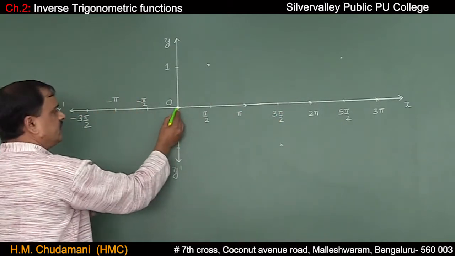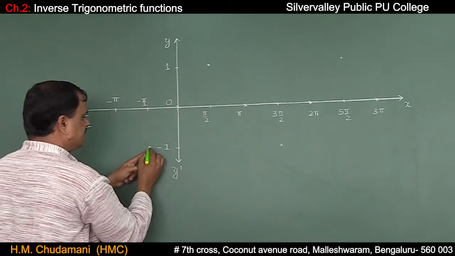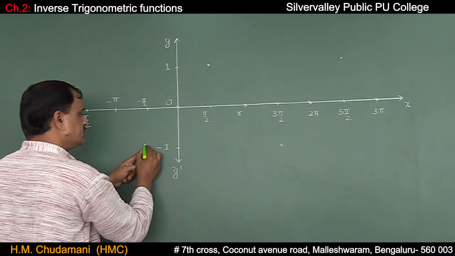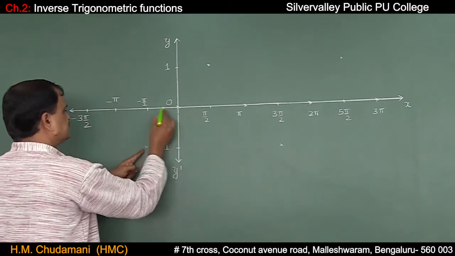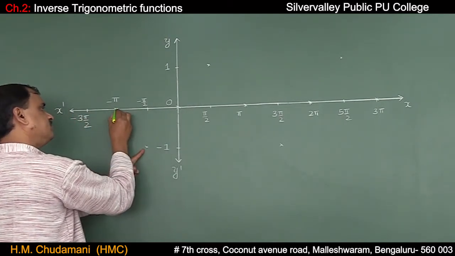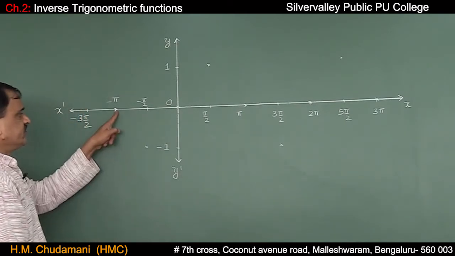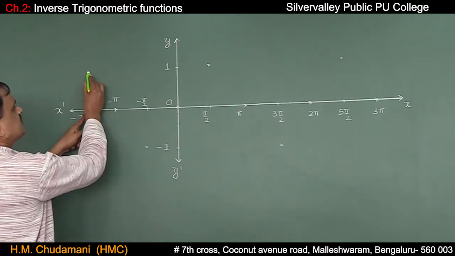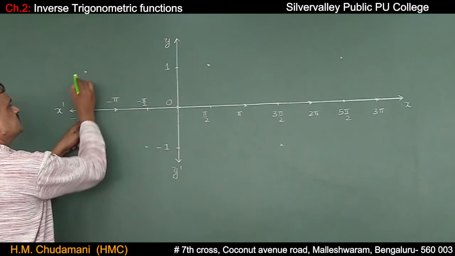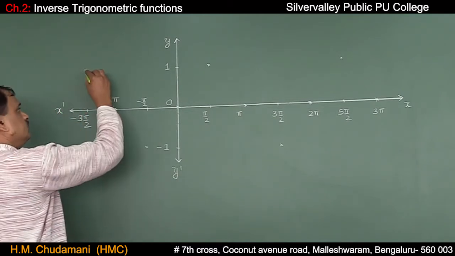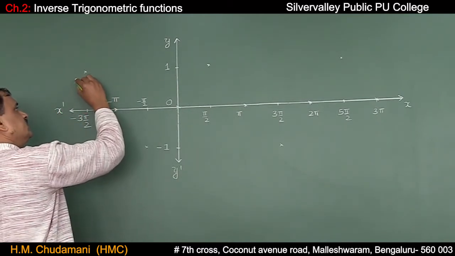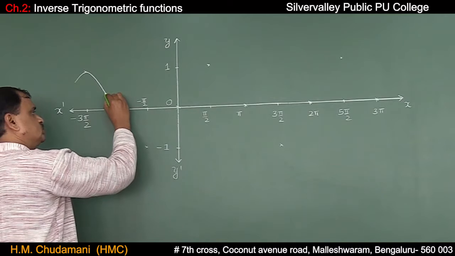Similarly, sine of minus 90 degree is minus 1, sine of minus pi is 0, sine of minus 3 pi by 2 is plus 1. So, you just join these values in a smooth hand.